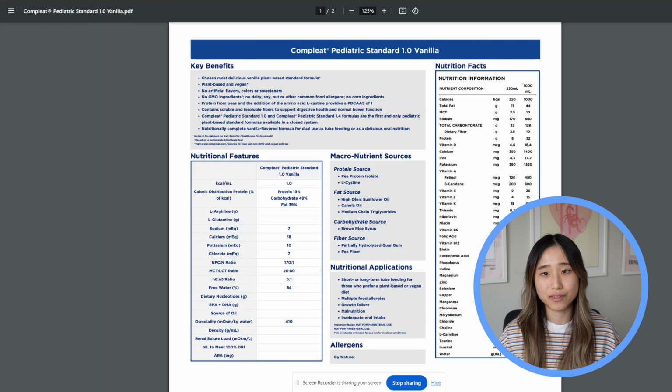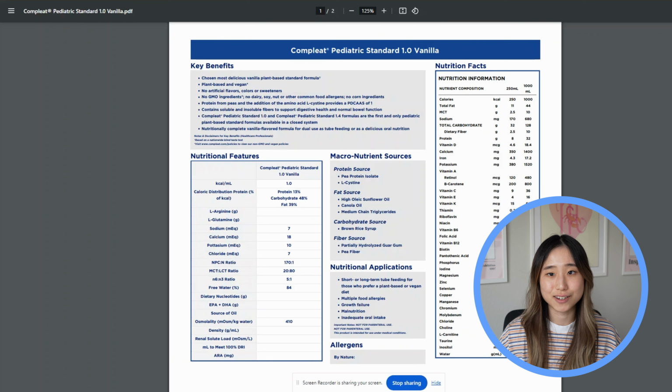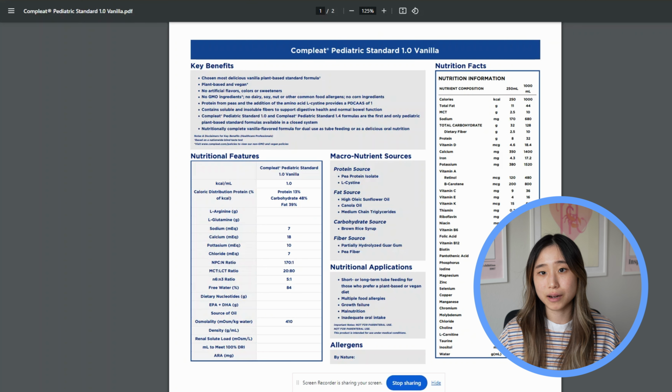I like to do even numbers and make things easier for parents, so I would probably just do 1 carton 5 times a day. Obviously, if parents wanted to do fewer feedings or more feedings, that is totally fine. I kind of leave it up to them. In general, I like to allow the parents a lot more freedom in determining what their feeding schedule looks like and what's going to work for them at home, because a lot of times in the hospital setting or just in medicine in general, there's a lot of things that they aren't able to control, and so feeding is one of the only things really that parents are able to control.